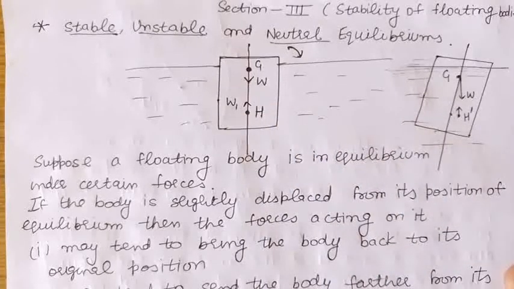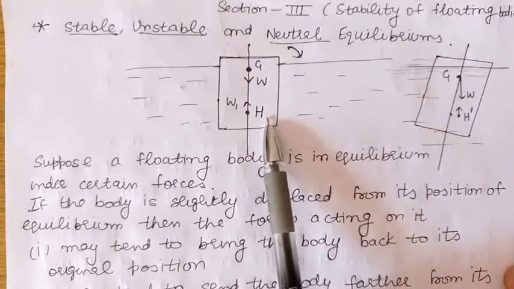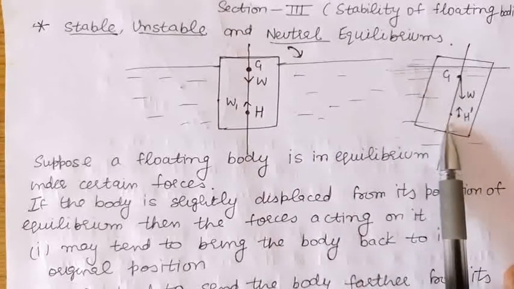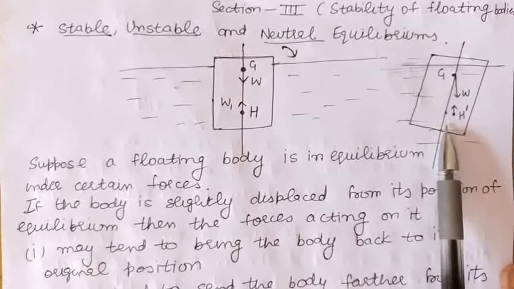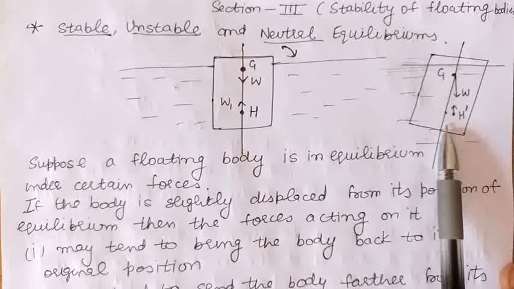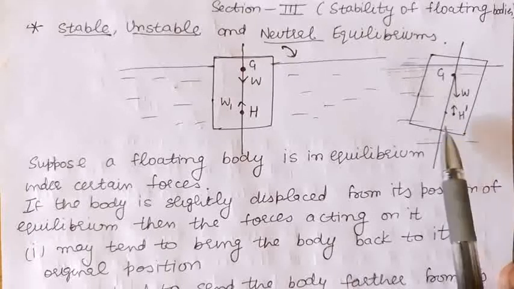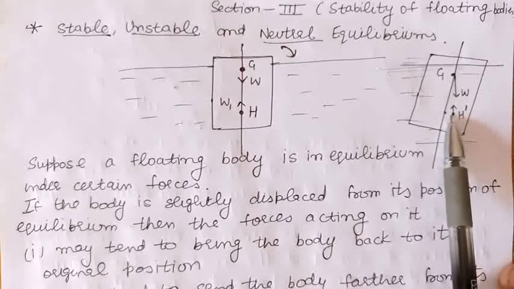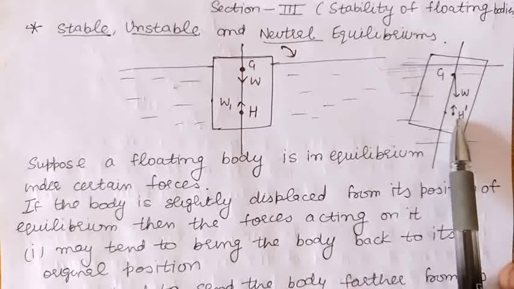Now, suppose this body is slightly displaced from this position of equilibrium. Suppose this is a new position of the body when it is slightly displaced from the position of equilibrium. So the center of buoyancy will be shifted to some new position. Let us take H dash as the position of the center of buoyancy in the new position of the body.